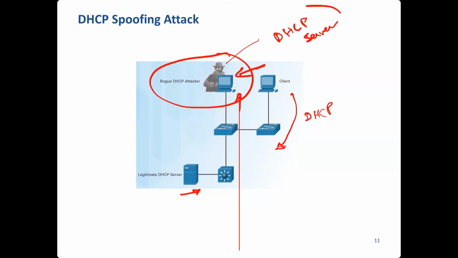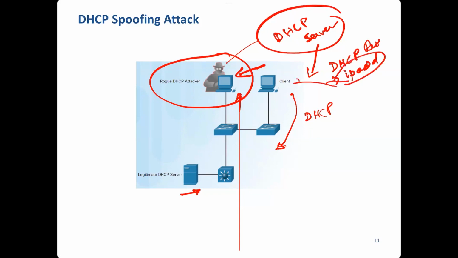Then it sends a spurious DHCP response with a fake IP address or some IP address. This IP address will be used by the client, right? And then a fake IP address of the domain name server and a fake IP address of the gateway router. Now these three things it can set.